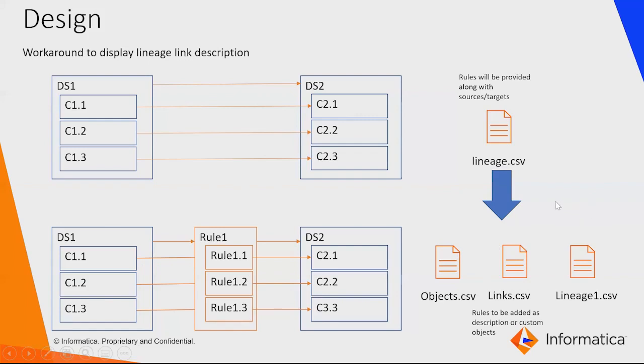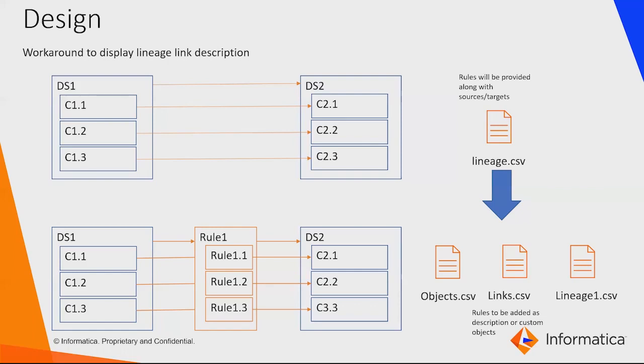Now what this framework does is extract the lineage file and create an objects.csv file and a link.csv file, which will be used to extract metadata. The metadata extracted will have the description and the logic implemented between the two sources, extracted into the object and link CSV files, and the lineage CSV file will have the lineage flow or data flow between source and target. So this is the output of the framework at a high level.